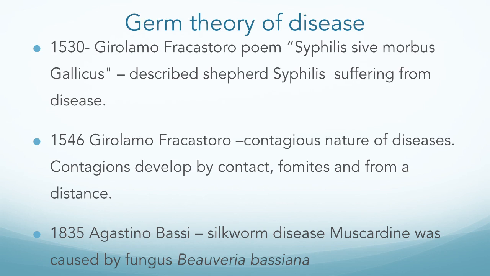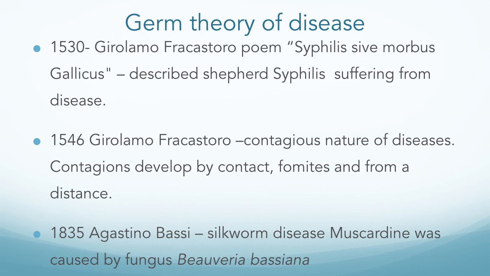So before we go on to the germ theory proposed by Robert Koch, we'll go to the history of the germ theory. In 1530, Girolamo Fracastoro, a physician and scholar in Venice, published a poem, Syphilis Sive Morbus Gallicus.